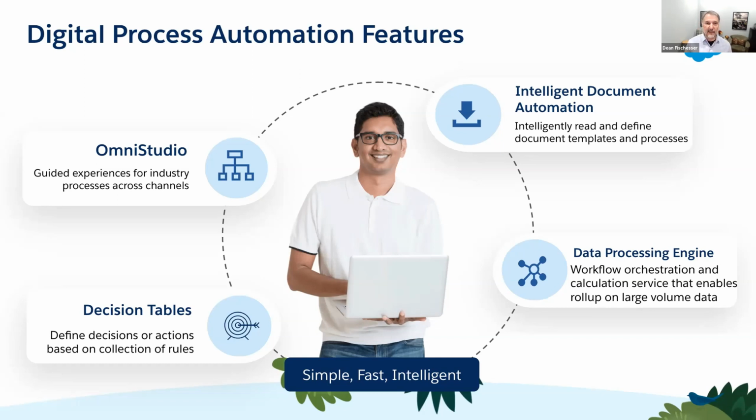So when we look at what we define as digital process automation, it certainly includes OmniStudio, as we see here on the screen, but then it also includes intelligent document automation, which is a capability to process inbound documents, whether they're scanned documents or fax documents, extract the data off of those documents and deliver that data into fields that live inside of a Salesforce object.